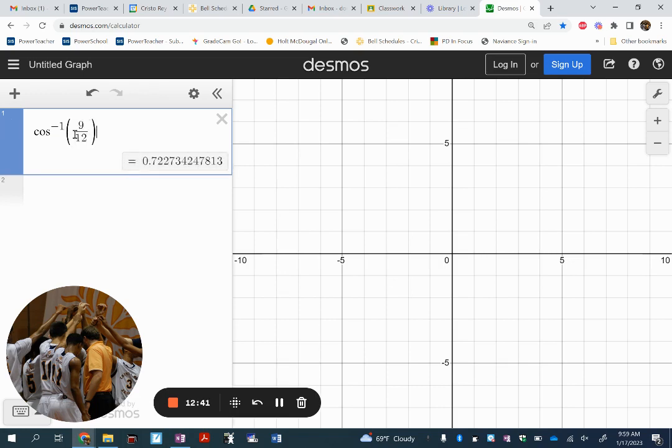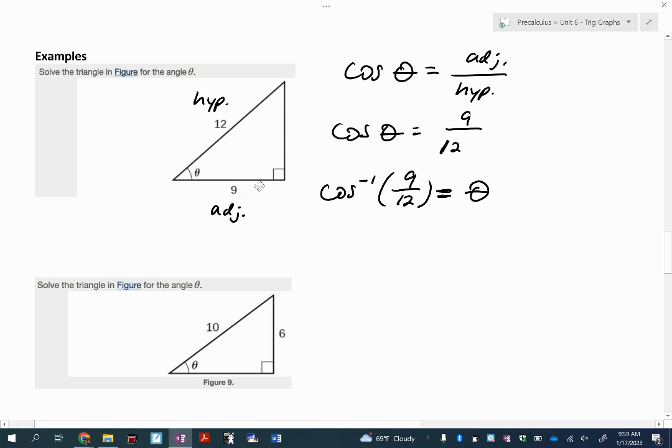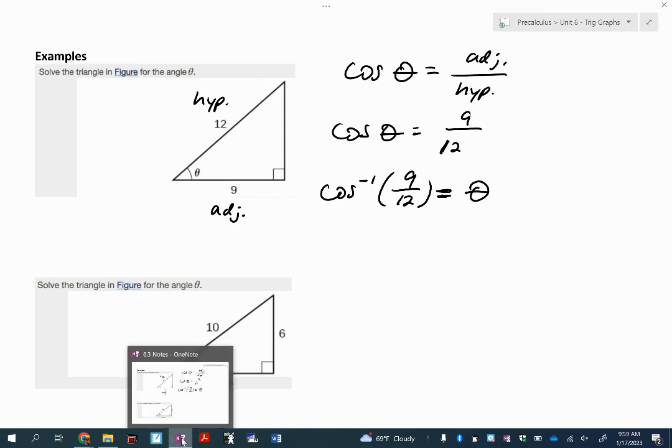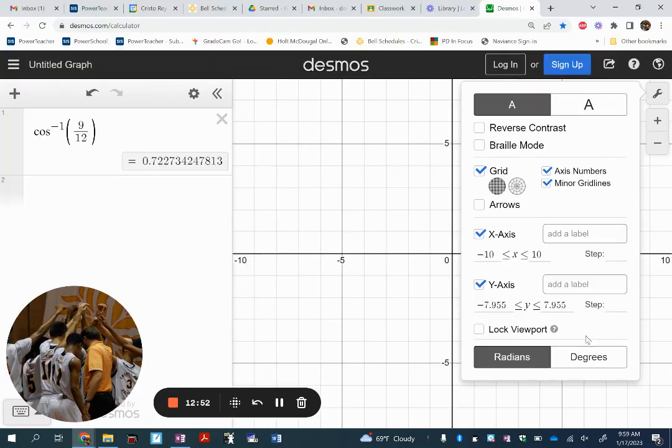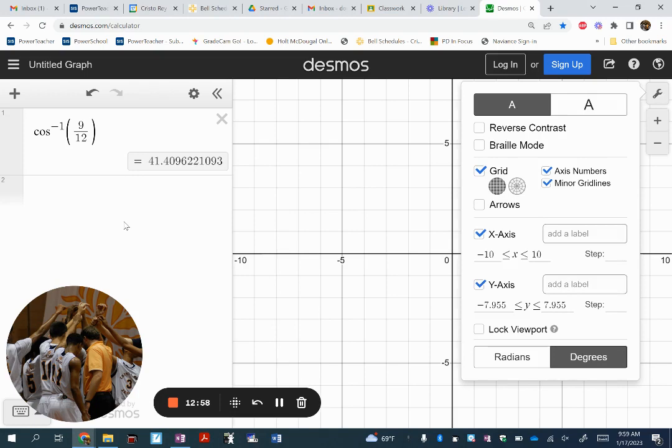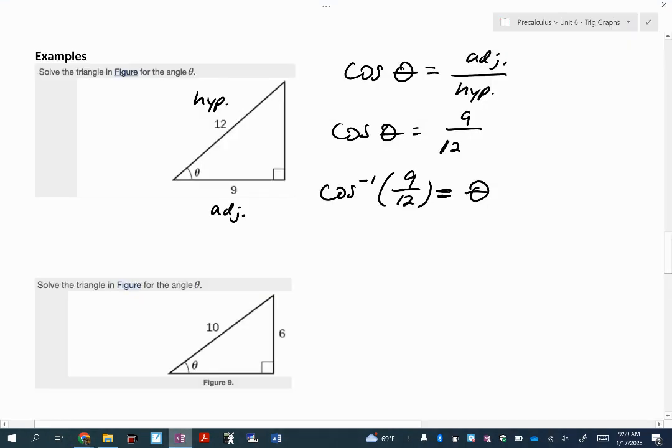So as radians, this angle theta is 0.7. You know what? I just realized they probably want degrees since we're dealing with this right angle here. So I'll go ahead and change it to degrees, but it doesn't really matter. Which is approximately 41.4 degrees. Doesn't say how to round, so I'm going to go with that.